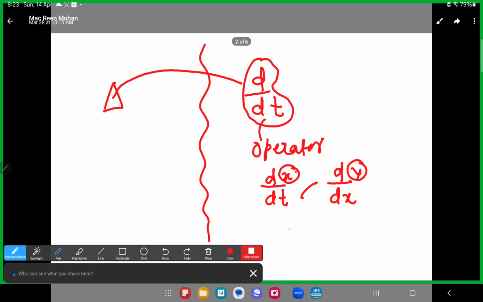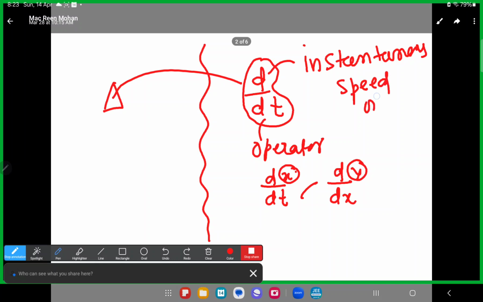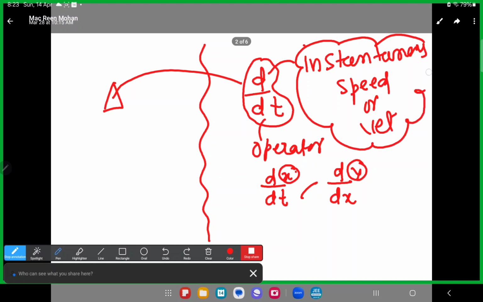I think the differentiation part is clear. What do we mean by differentiation? Differentiation will come in the calculation of instantaneous speed or velocity. Fine. So next we will detail it in graphical presentation.